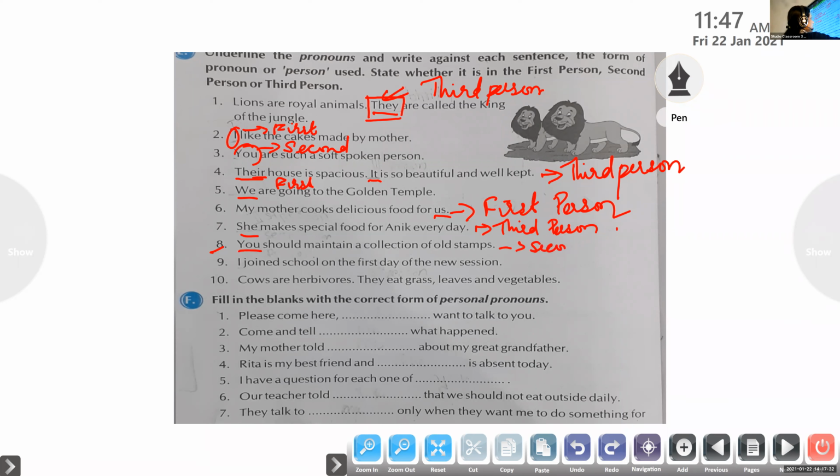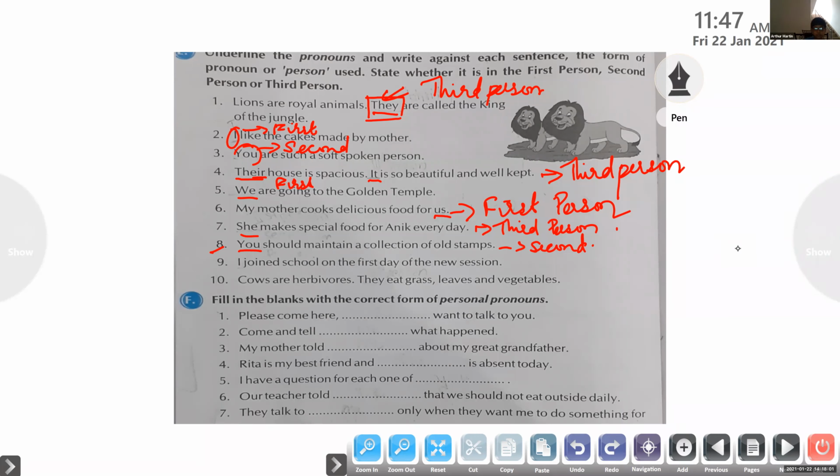There is no such exercise in your book, children. It is just to know what a personal pronoun is. Okay, Adar, come on. Do the next one.